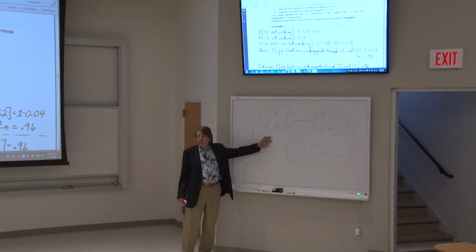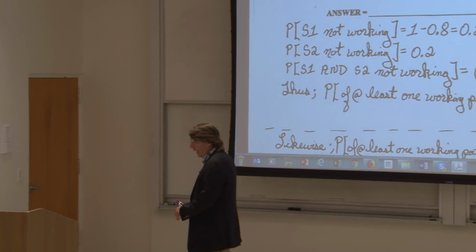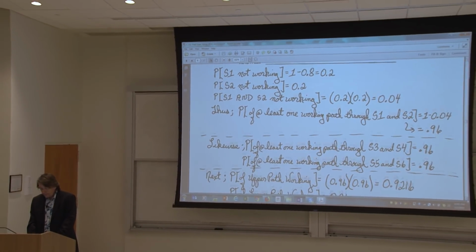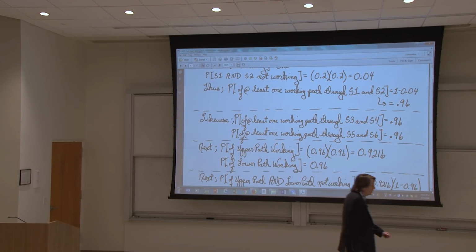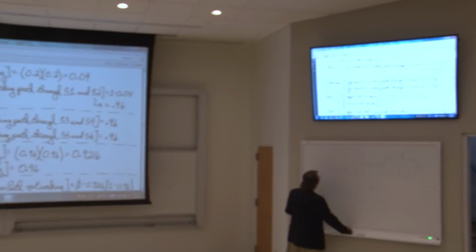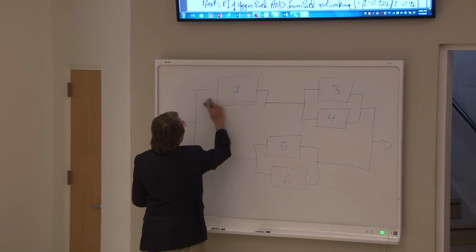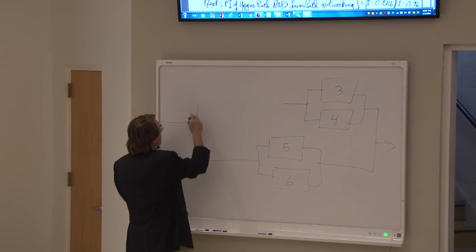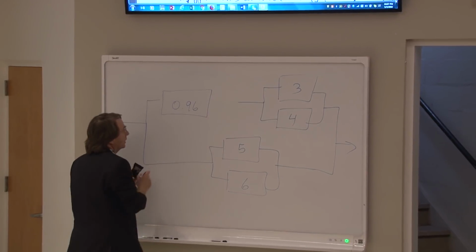Have I done okay? Now, it's going to be the same for the other two. So likewise for 3 and 4 and 5 and 6, we're going to get 0.96. So I'm wondering if this might help just to make sure you're okay. We can now erase this and put a single sensor where the probability of working is 0.96.